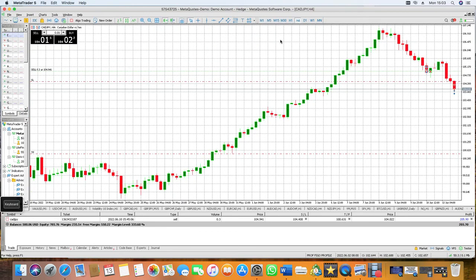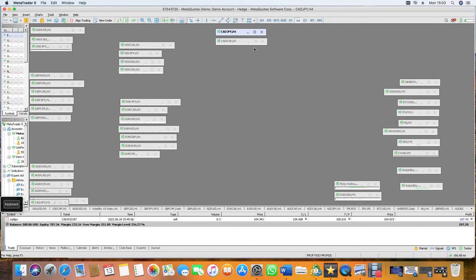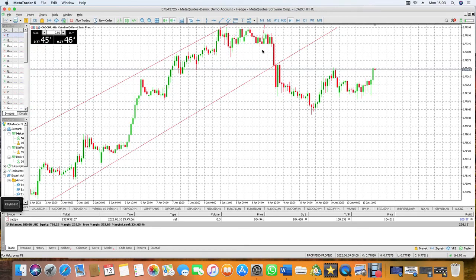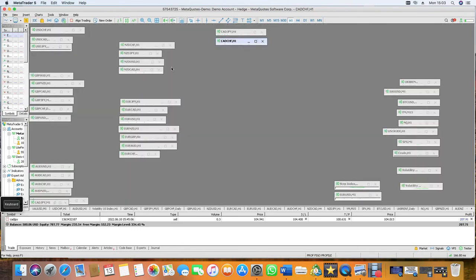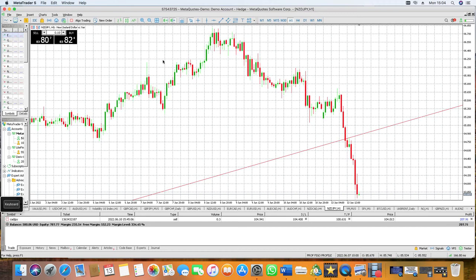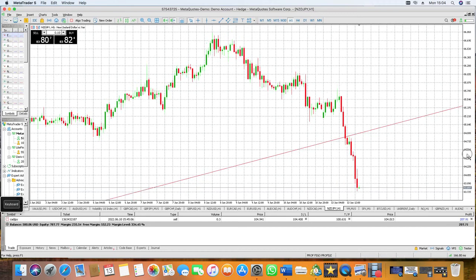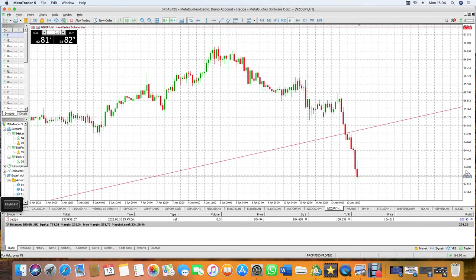Let me use a different pair. So this one, Japanese yen, okay, there it goes. So this one, the calculation will start from after the decimal place.